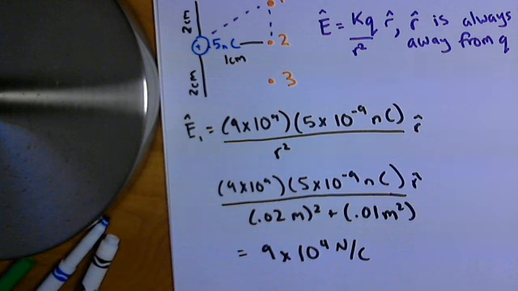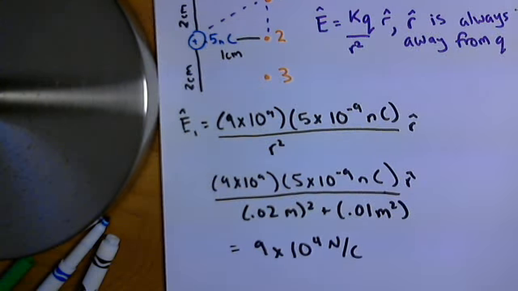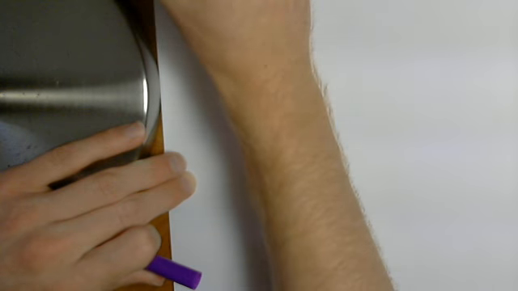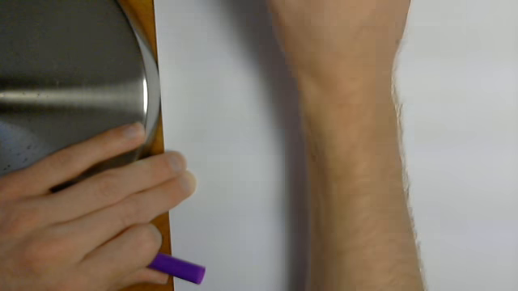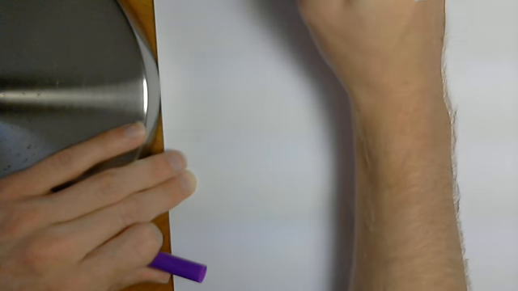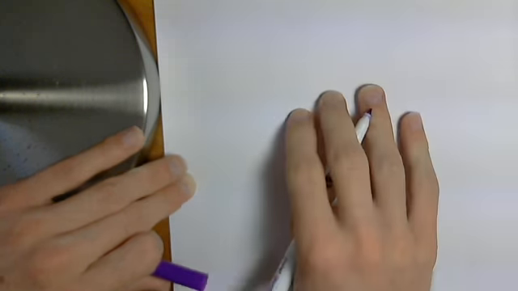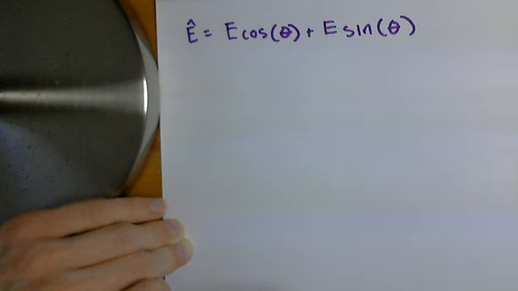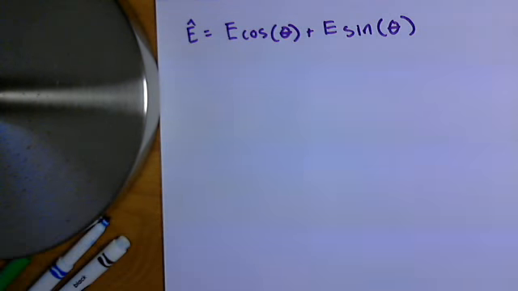So that's the magnitude of the electric field for the first one, but now we need to find the component form. We will use the equation E hat equals E cosine theta plus E sine theta, and plug in the appropriate numbers.